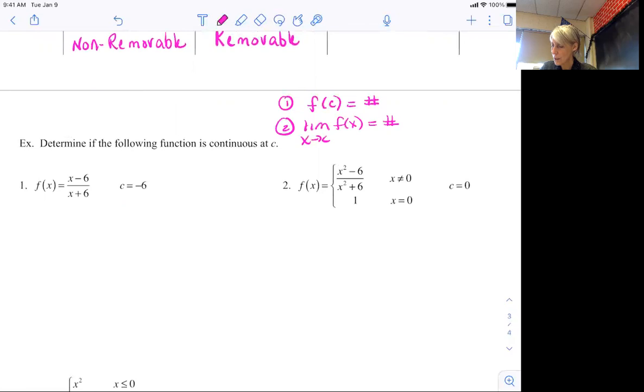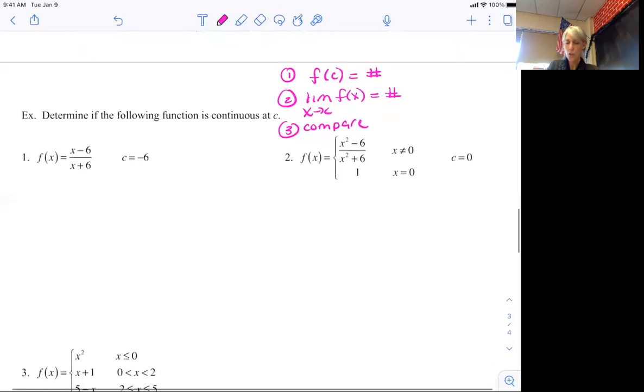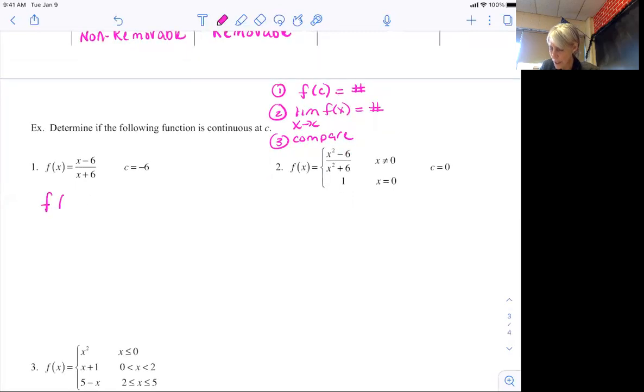And then compare. When the first thing fails, you're done. As soon as something fails, your function is not continuous. So always start by plugging in the number. If I want to see if this function is continuous, I'm going to evaluate -6.